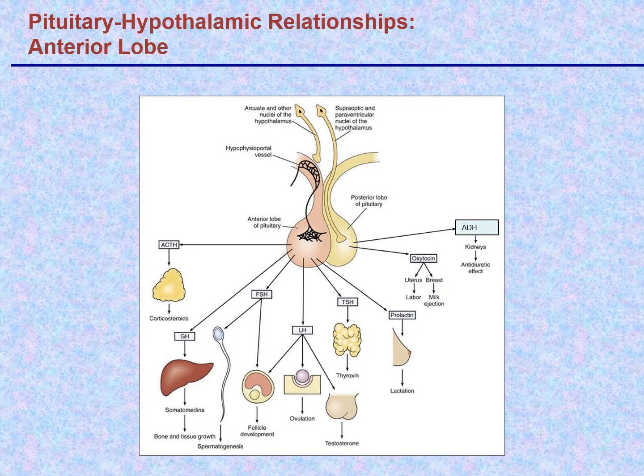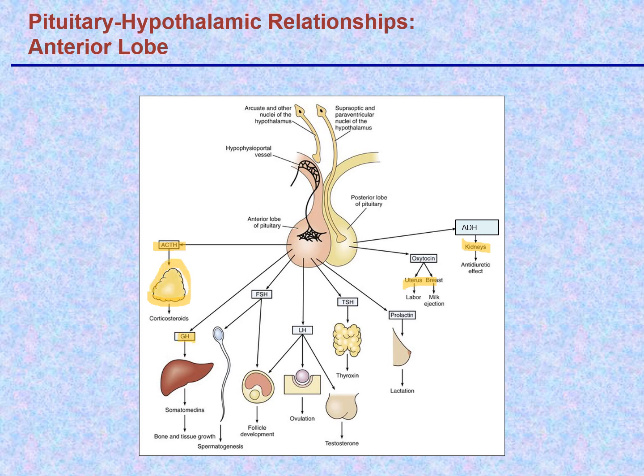So here we have again the same diagram, and each of these hormones has particular effects on target tissues. Oxytocin has effects on the uterus and the breast. Antidiuretic hormone, as you know, has effects on the kidneys. Adrenal corticotropic hormone, or ACTH, has an effect on the cortex of the adrenal glands.